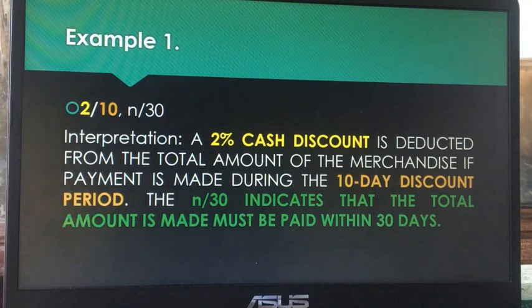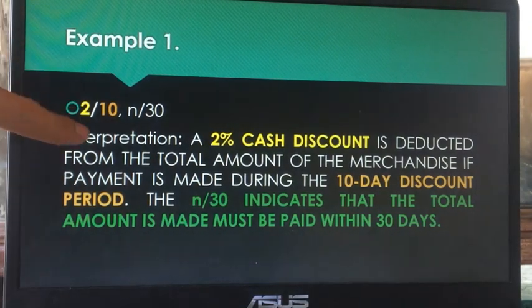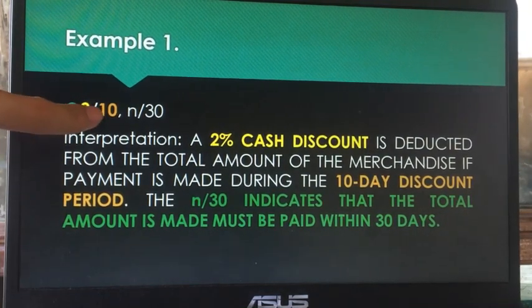Because from January 1, the first 10 days is until January 11. If you pay the certain amount in that period, meaning you are granted a 2% cash discount. In short, this part refers to 2% in the first 10 days from the invoice date.